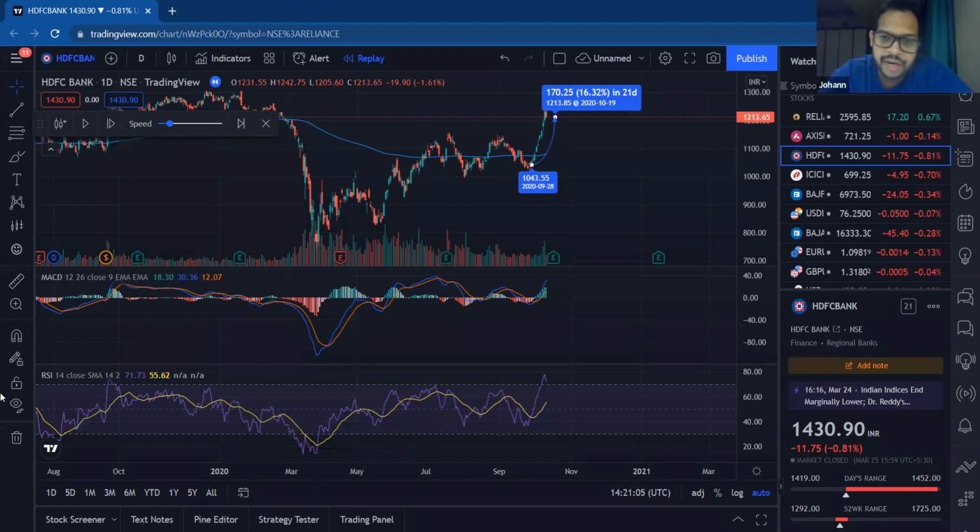But if you see here, now that we backtested, you'd realize that when the MACD was beginning to turn and the RSI was beginning to rise, we already got our sign. So it's very important to understand when you need to buy, when you need to sell. All right.